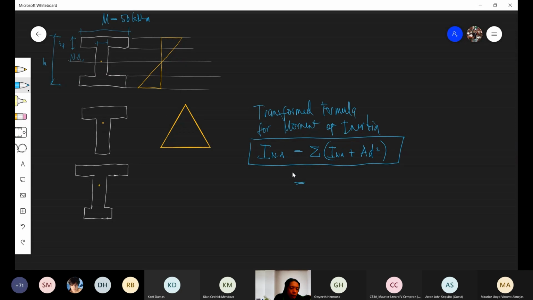Again, this formula is used in solving for the moment of inertia if the given figure is not a regular shape, if the figure is made up of several regular shapes, ibig sabihin composite shape, or if the moment of inertia is with respect to any axis, not the neutral axis.